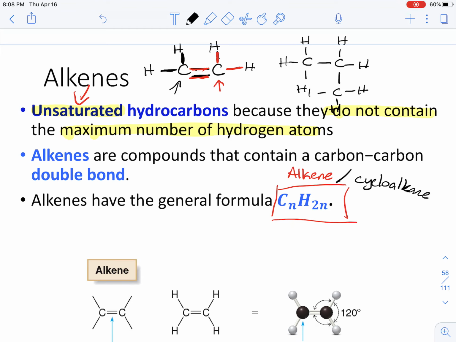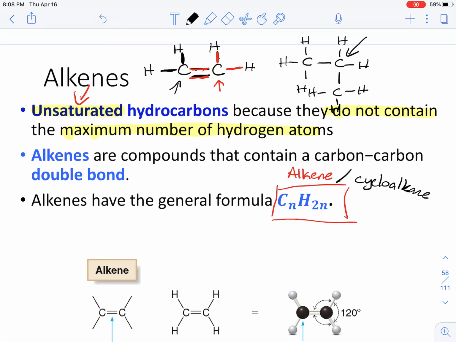And at this point in time, this carbon is still considered saturated because it has the maximum number of hydrogens that is possible given that it is covalently bonded to 2 other carbons. Okay.